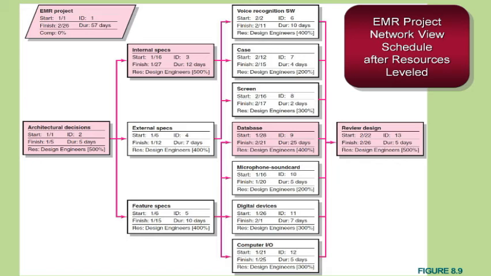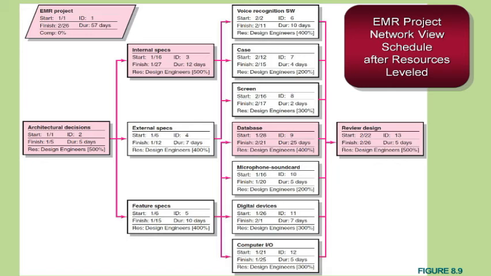Then we first tell the project software to try and reshuffle things around within slack so that we can get the project done. It will come up with an error in this particular project saying it can't be done, and as a result of that, the project duration will have to be extended for this project to actually work.